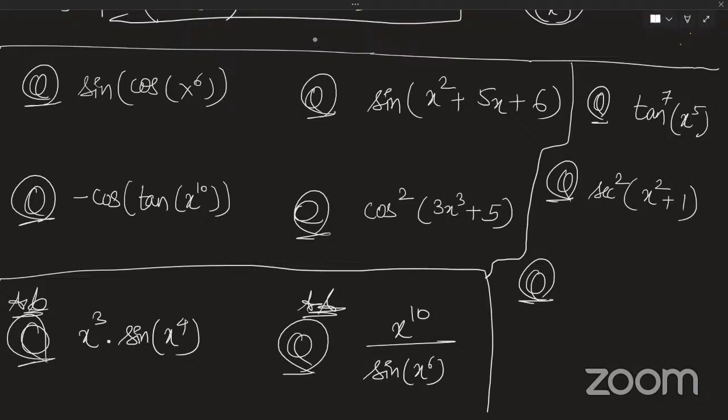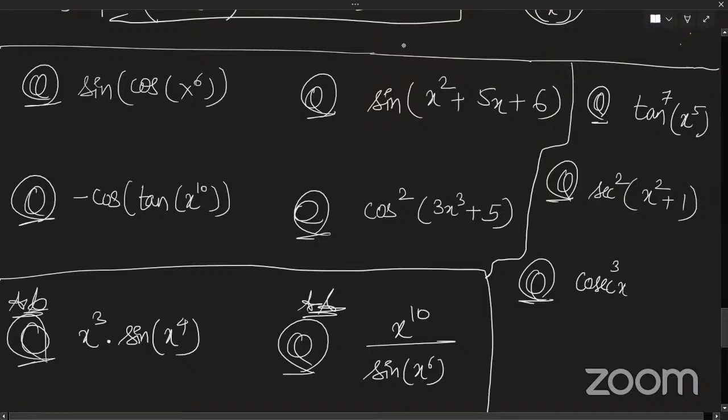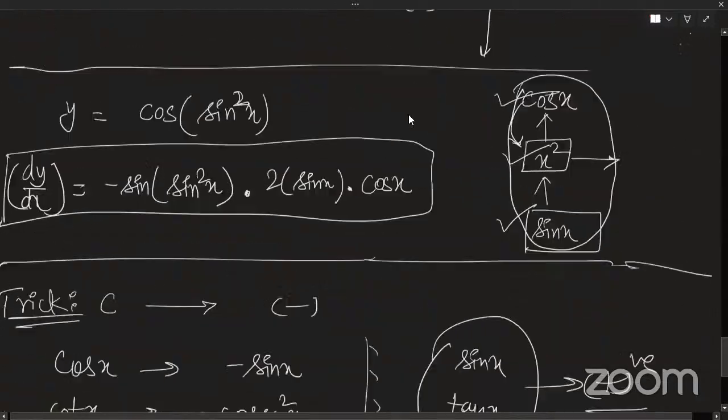Make some complex function and tell me. Okay, I will give it. Cosecant raised to power 3 of x cube plus 3x plus 1. Okay, so these are the 9 problems you will be solving for tomorrow. Fine.